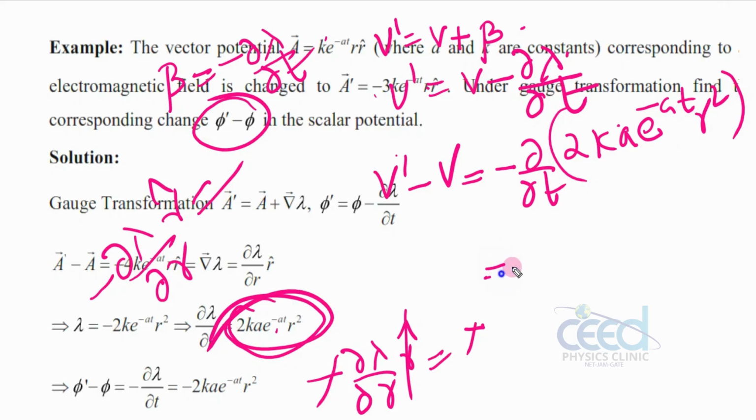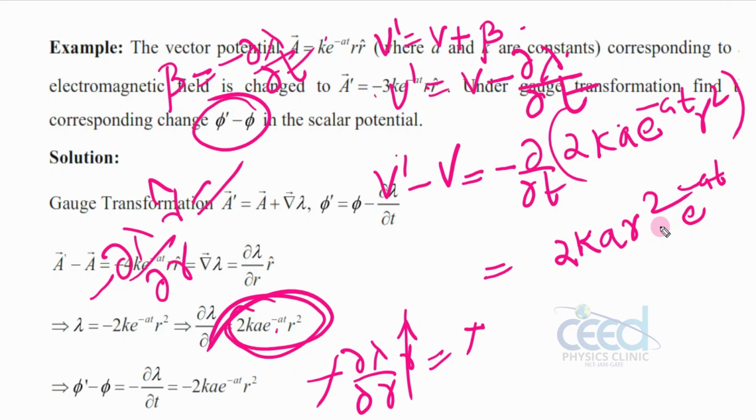With respect to t, we get minus 2ka, and r² has no change, then e^(-at) on differentiating gives e^(-at) into minus a.